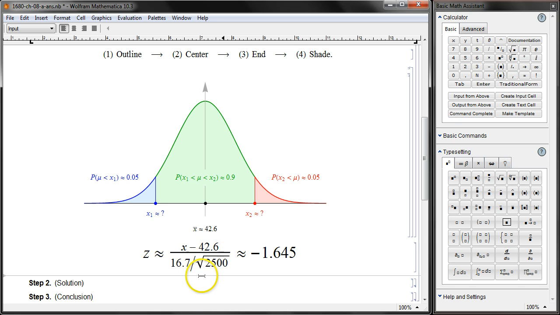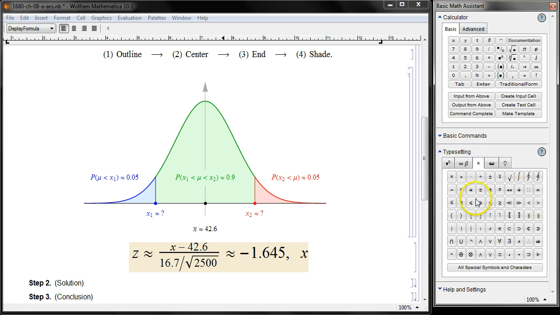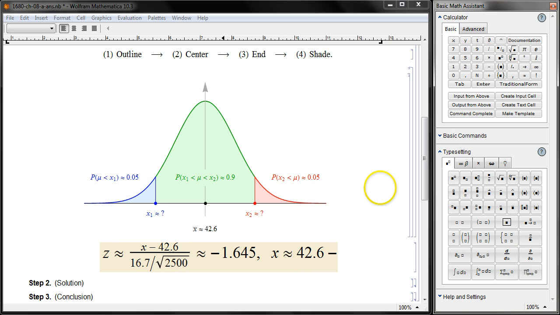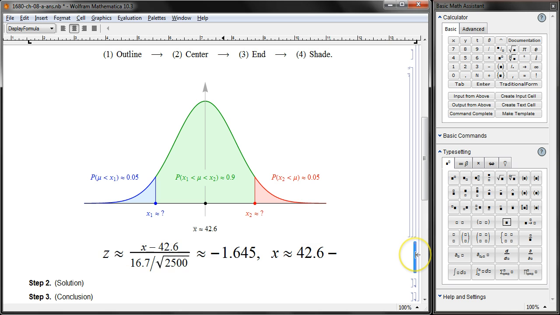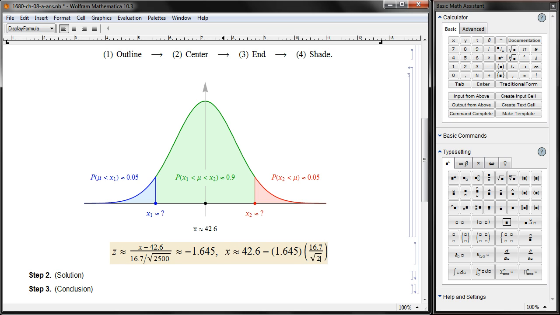In this case, if you solve that, x will be approximately 42.6 minus 1.645 times 16.7 over square root 2500.